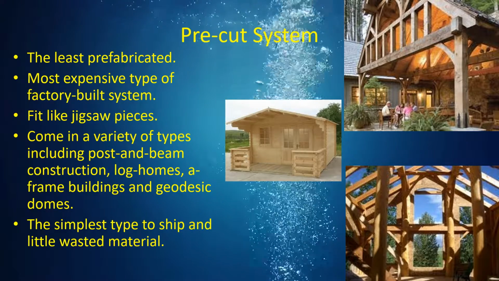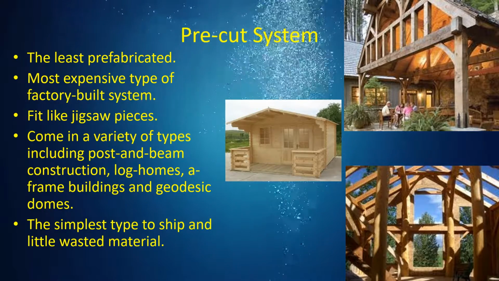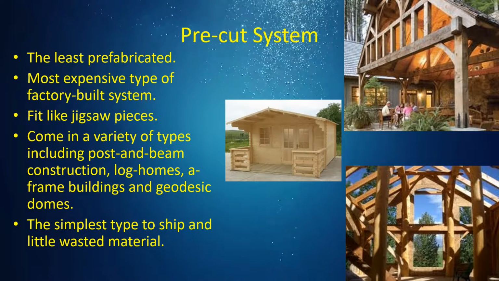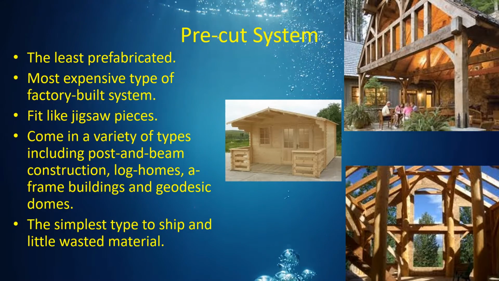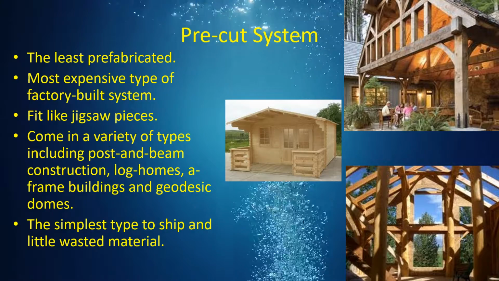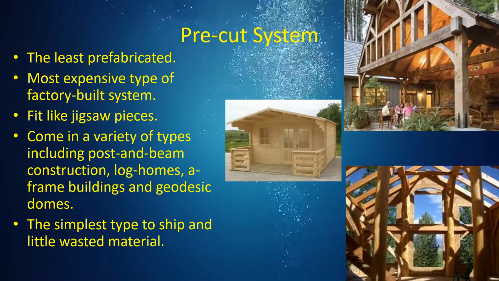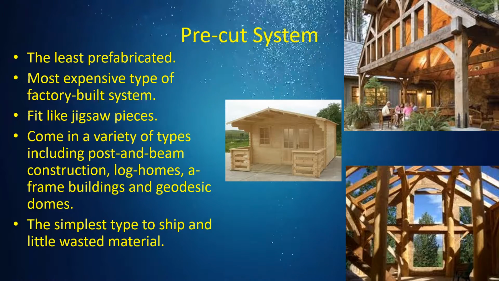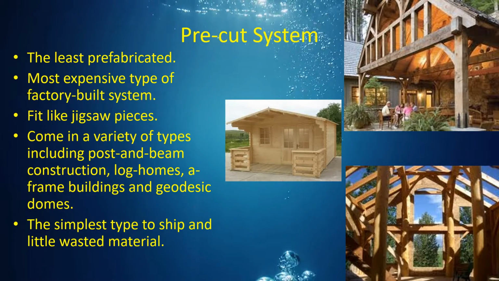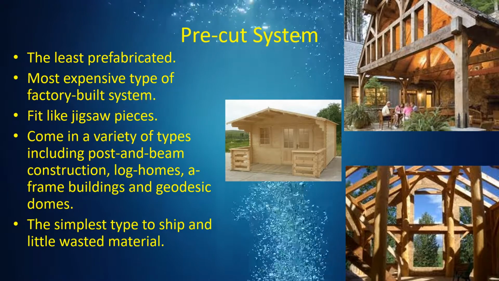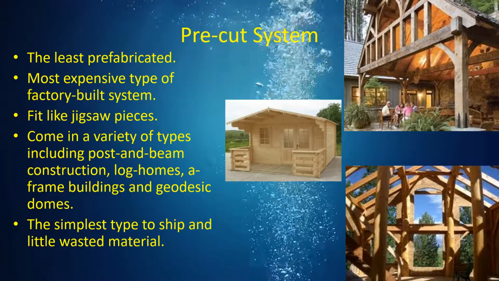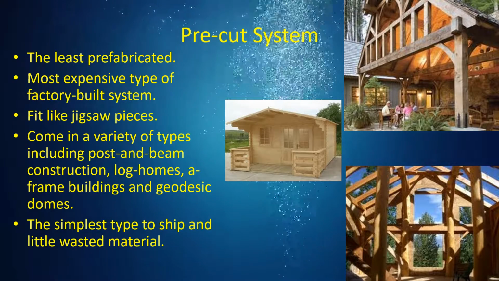Next is the pre-cut system. Pre-engineered or pre-cut systems are the least prefabricated. It is the most expensive type of factory-built system, which requires the most on-site precision work with pre-cut components. The components fit together like jigsaw pieces.